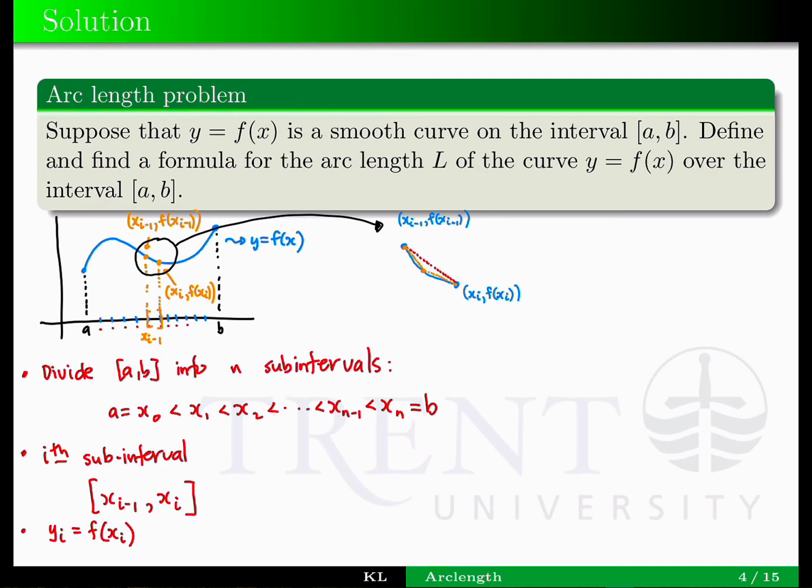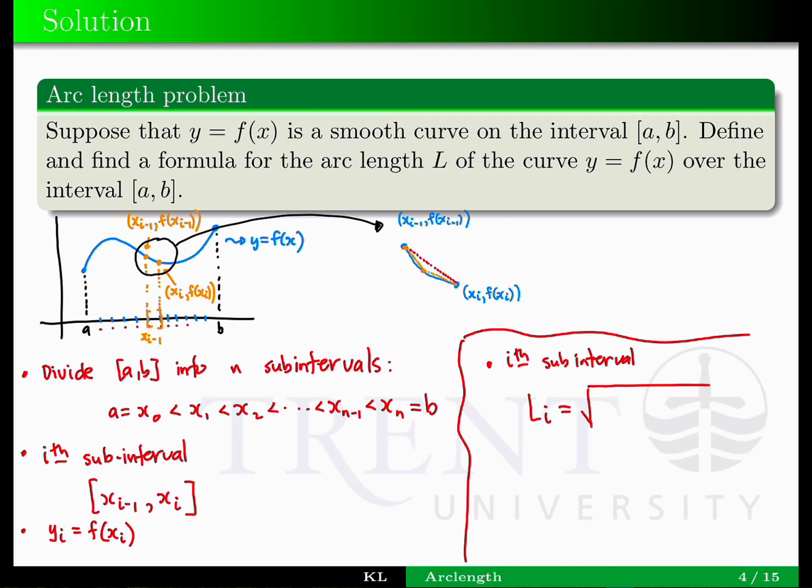Now, let us continue our derivation. On the ith subinterval, we define L sub i to be the square root of (x sub i minus x sub i minus 1) squared plus (y sub i minus y sub i minus 1) squared.